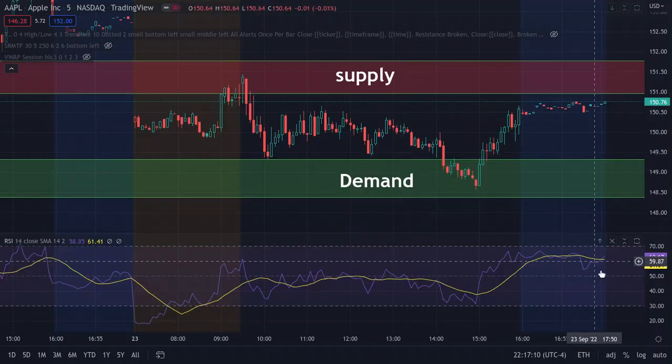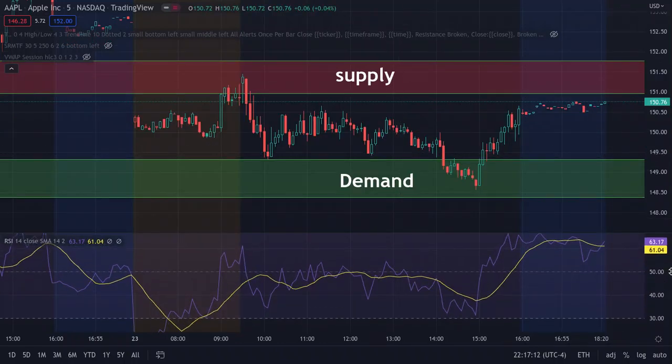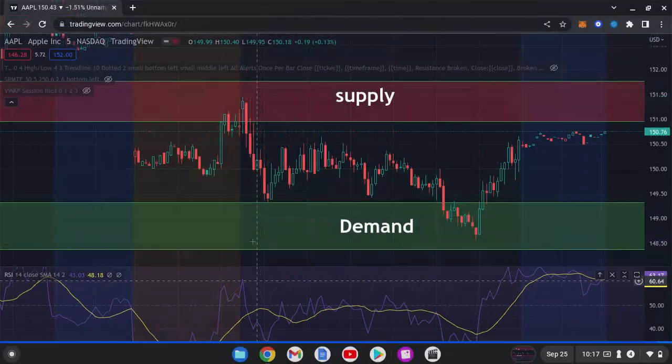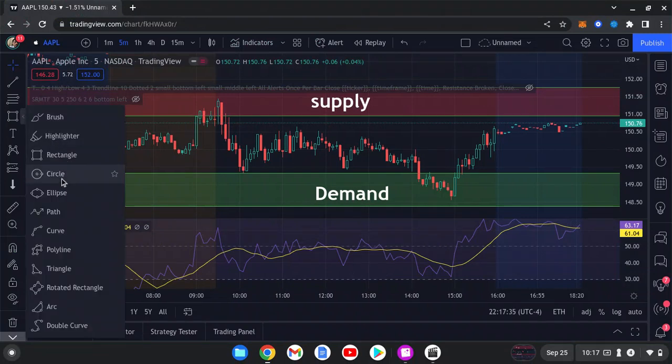I like to use it with our RSI, and the way I would trade is I would set an alert, for instance, right here, and then an alert down here, and I would only look for trading opportunities once it's in my supply or my demand zones. I would see if it's right here in my supply level to see if the RSI is also telling me a story.